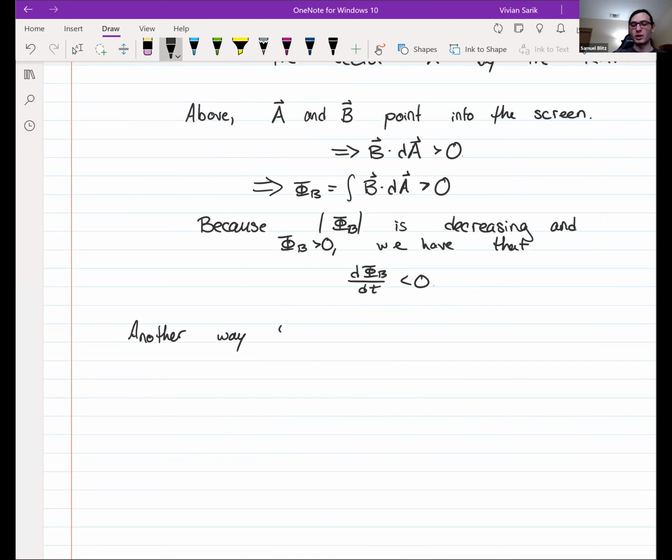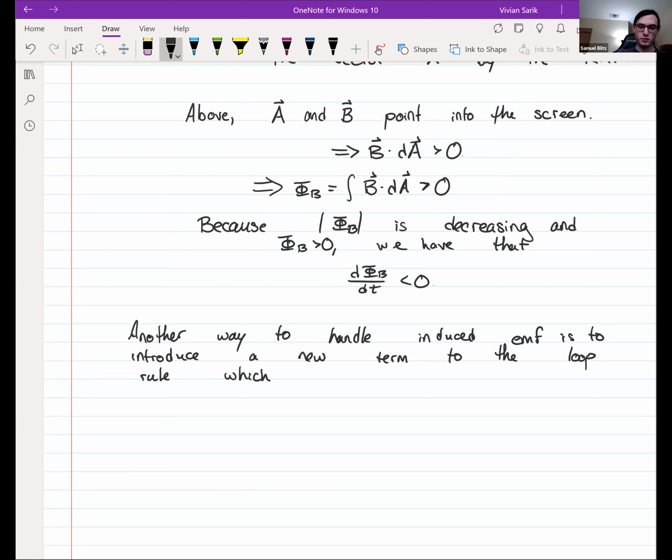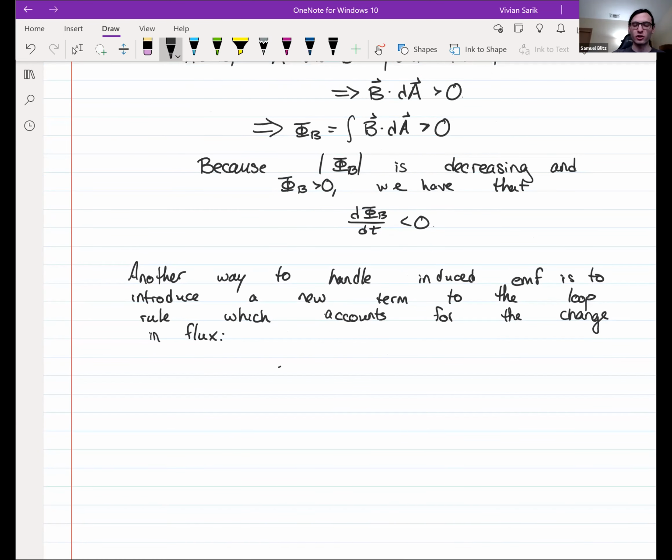Another way to handle induced EMF is to introduce a new term in your loop which accounts for the change in flux. And so instead of having our loop rule not add up to 0 and you have this change of flux on one hand, really, we just fix our loop rules so that it looks like this.